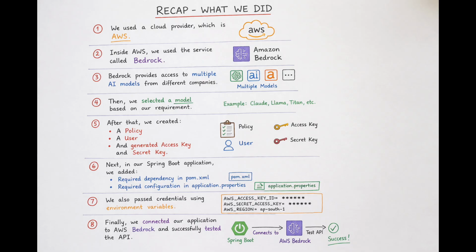After that, we created a policy, a user, and generated an access key and secret key. Next, in our Spring Boot application, we added the required dependency in pom.xml, the required configurations in the application.properties file, and we also passed the credentials using environmental variables. And finally, we connected our application to AWS Bedrock and successfully tested the API.